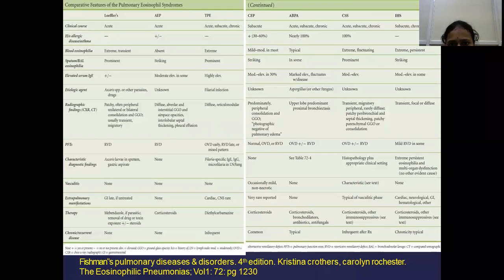The criteria for ABPA includes patients with asthma, commonly associated with asthma, nearly 100% of the patients. History of allergy and asthma is there for ABPA patients, and involvement of upper lobes. Central bronchiectasis is commonly seen in ABPA, and fleeting pulmonary opacities.